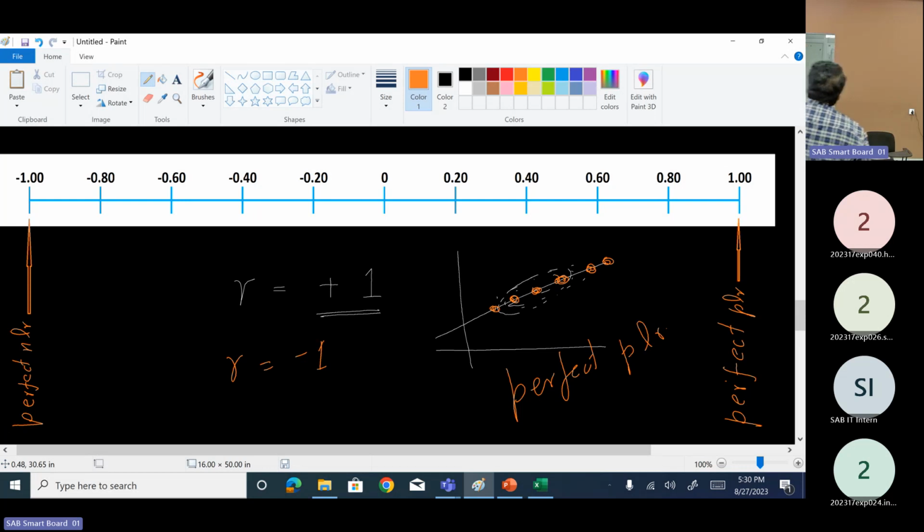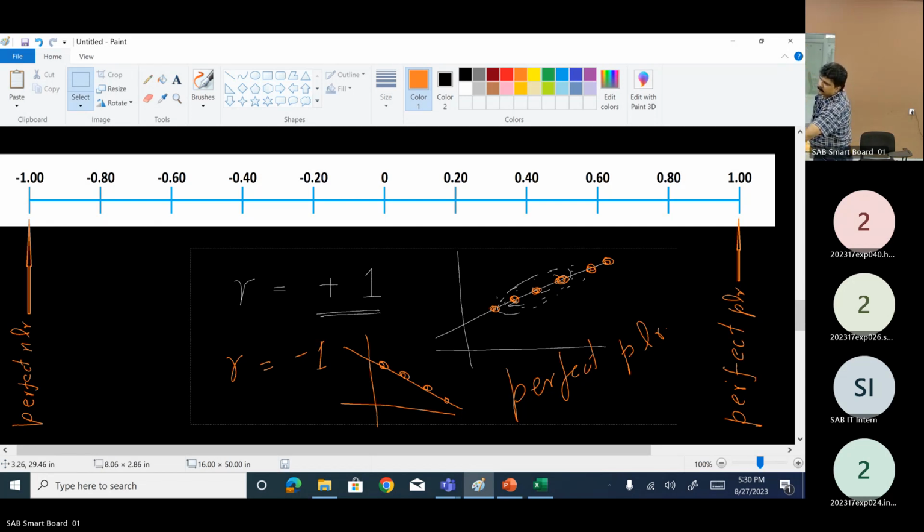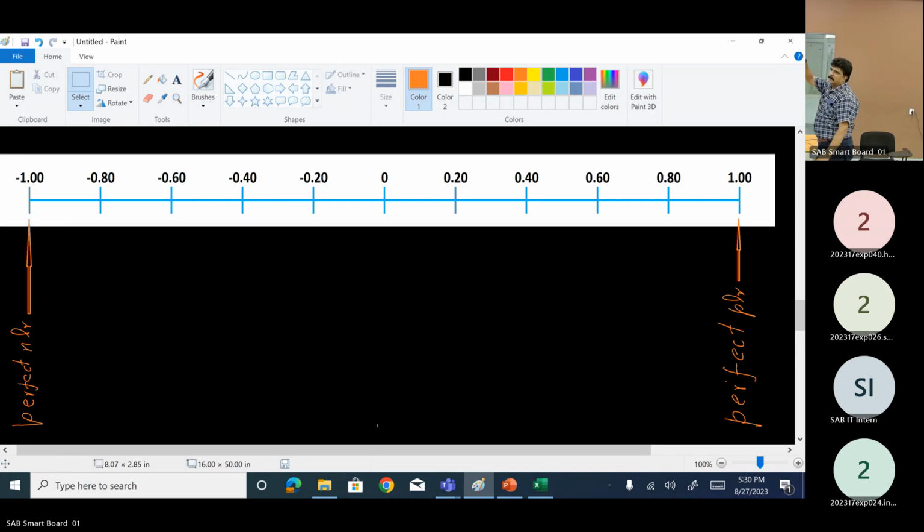This side also, if you take R equals -1, you will get a structure where all the points are on the line slanted towards the left. Then when R moves towards 0, the structure also little by little gets like that. So the strength reduces. So R equals 1 is perfect.